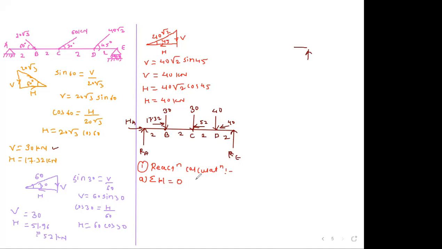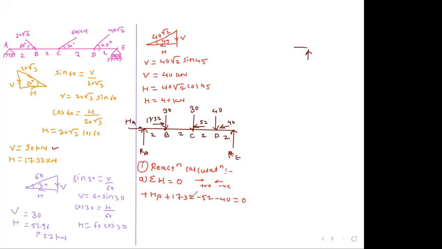Horizontal force in one direction we will consider positive, and in the other direction negative. So HA positive, so plus HA. After that, this 17.32 again positive, so plus 17.32. After that, this 52 minus, and this 40 minus 40, which is equal to 0.